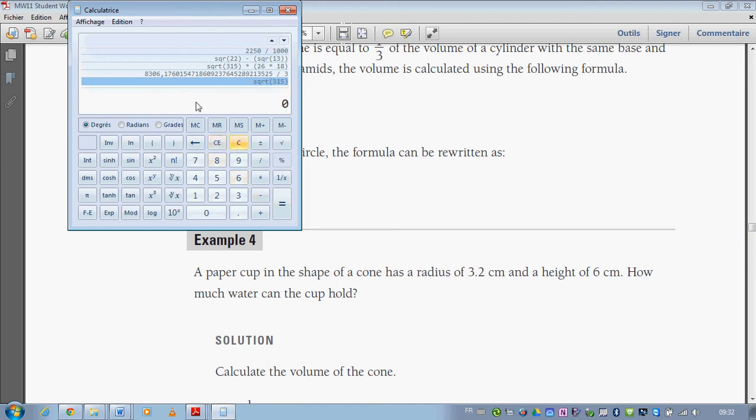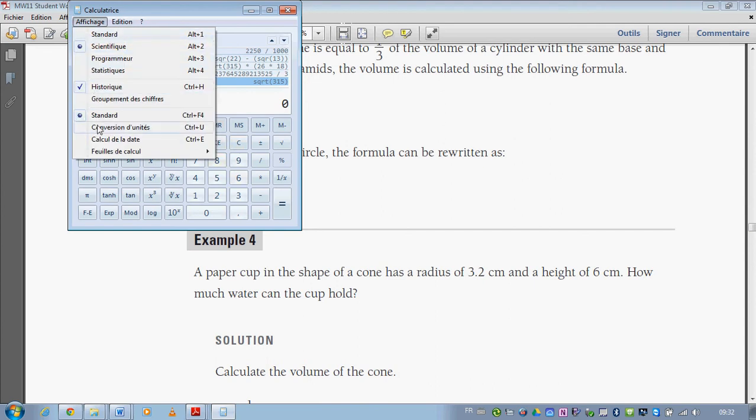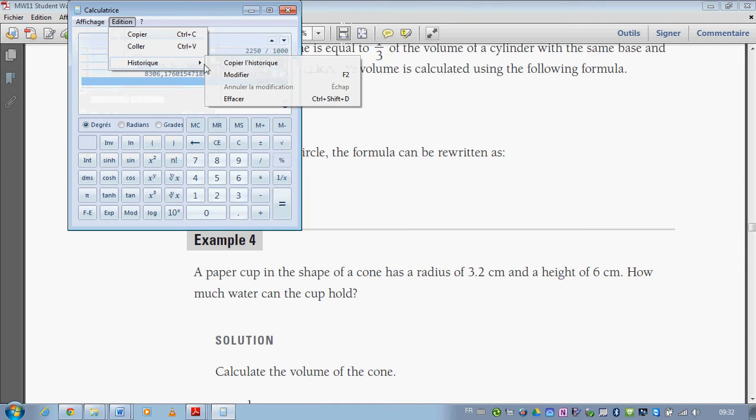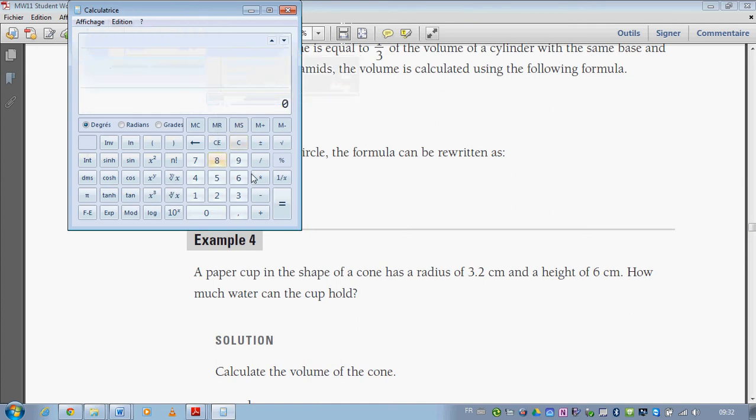So what we are going to do, just give me 1 second here. Okay, so you're going to figure out the area of the base first and then multiply it by the height. The area of the base is the circle, and here's the radius of the circle. So 3.2 squared, that's radius squared, times pi.